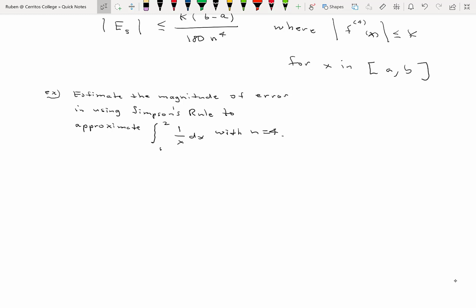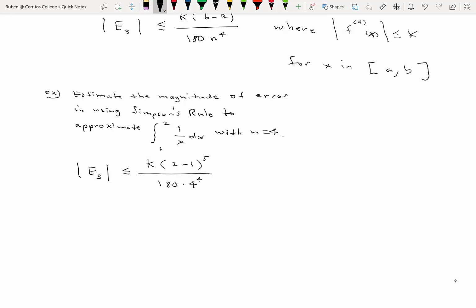So let's do this. The magnitude of the error using Simpson's rule is no bigger than k times (b minus a)^5, which is 2 minus 1 to the 5th, over 180 times n to the 4th power, where n is 4.